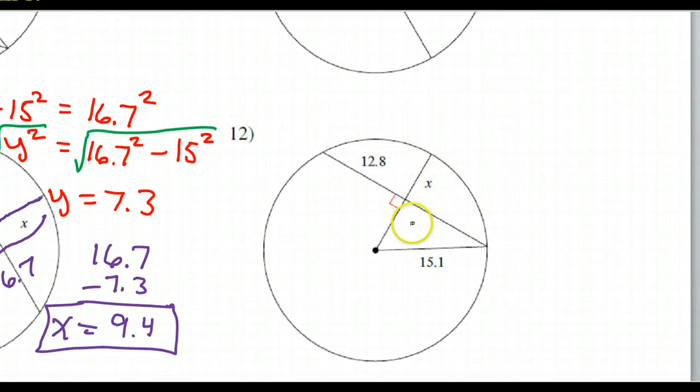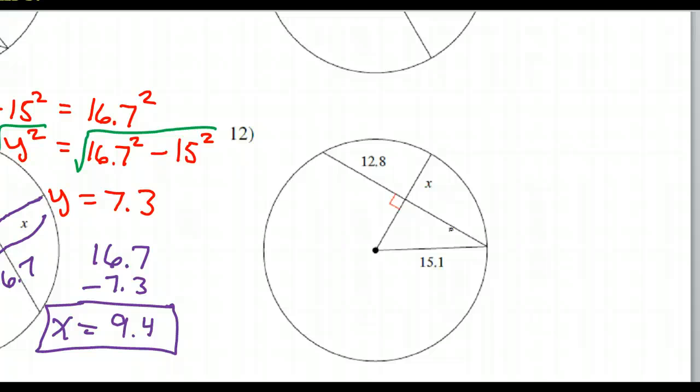Number 12. Number 12 is going to be the same thing again. If you have not done number 12 yet, and you probably haven't, I want you to pause the video. I just showed you problem number 11. This one's the same thing.